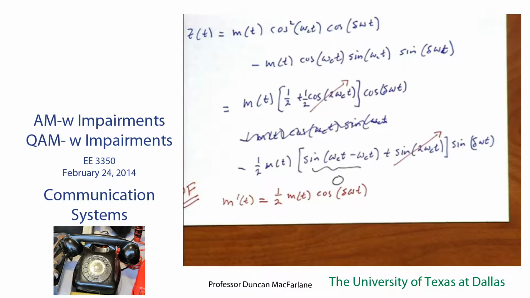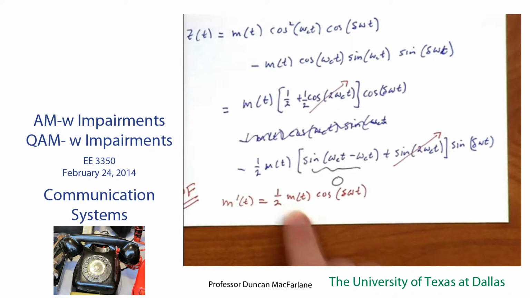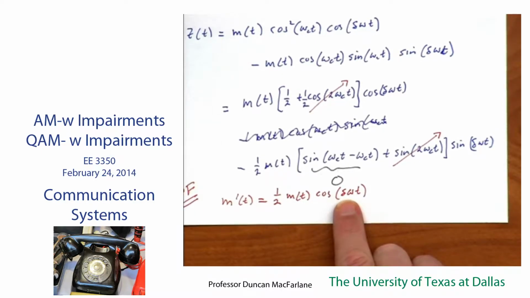Every second, this m of t is going to be blanked out. At least that's what I read. That's the way I see it. Do you see it the same way? This del omega is a variation in frequency. It's the beat frequency.